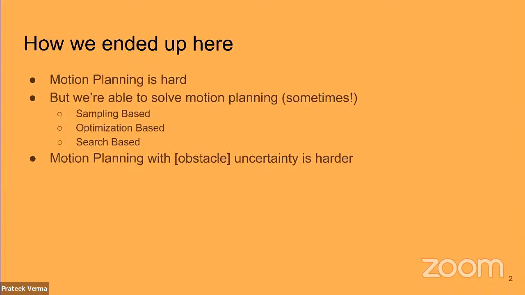One way that we can look at this is, even if I give you a graph that I tell you contains the solution to this kind of motion planning problem, it still ends up being hard to find that solution even constrained within that graph. So we'll jump into a little bit more, but this problem becomes harder if you have obstacle uncertainty than the original problem was.